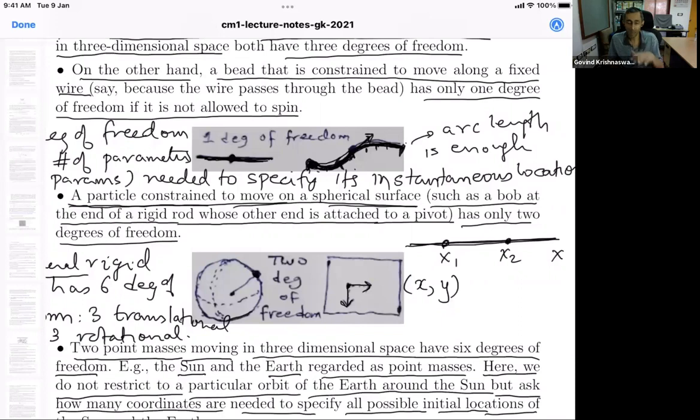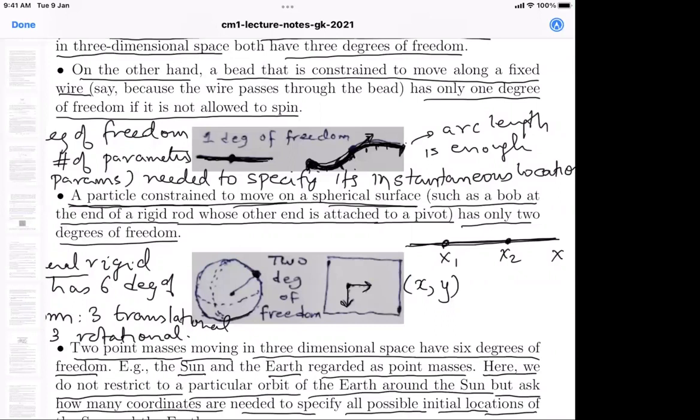I'm sorry, the statement is a little unclear to me. I don't know what it means for the sun and the earth. I'm not talking about the sun and earth. I'm saying if these 2 points are moving in a 3D space, and in a particular example, suppose they're moving in a straight line, and we take the reference point on that particular line.